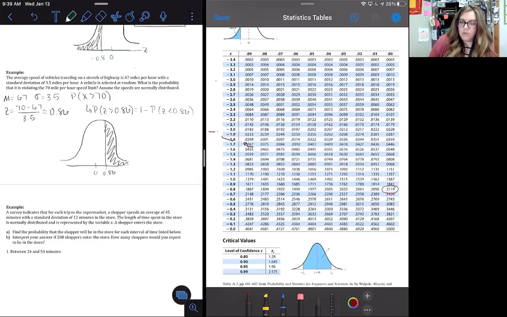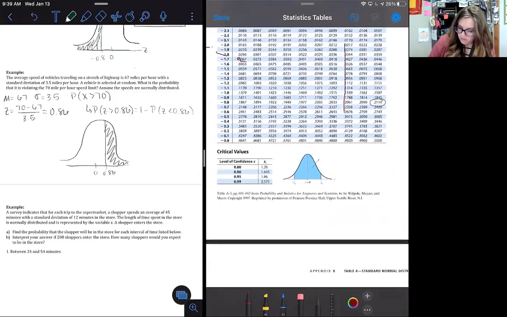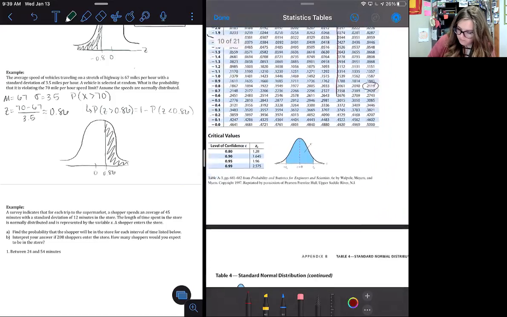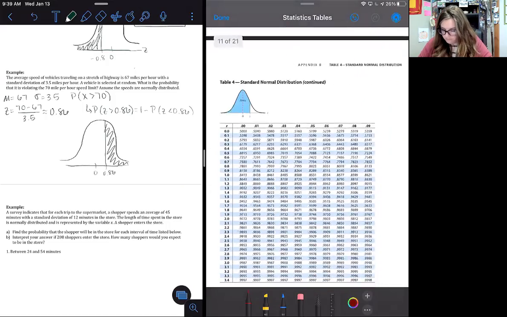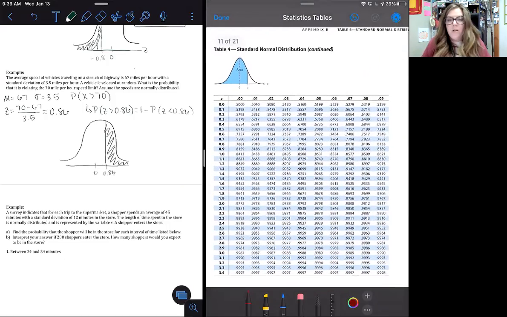Okay, so looking over here. All right, so 0.86. So remember, our table always shows us to the left, so 0.86 is going to give us an area of 0.8051.